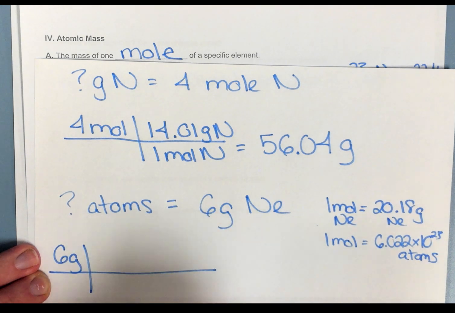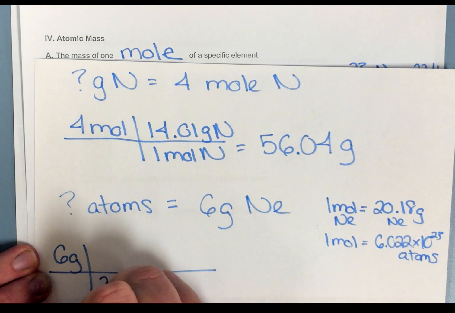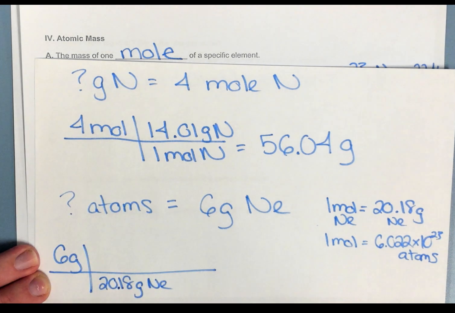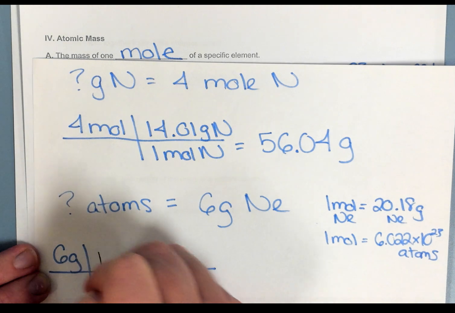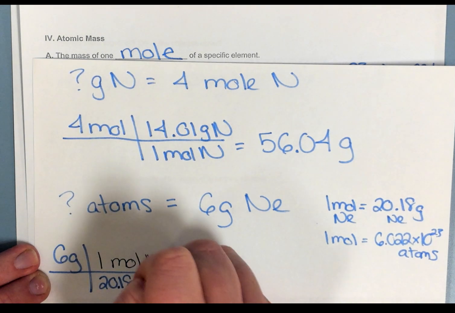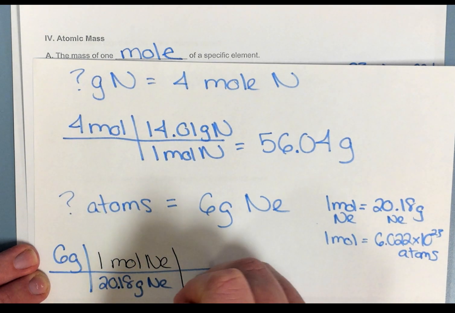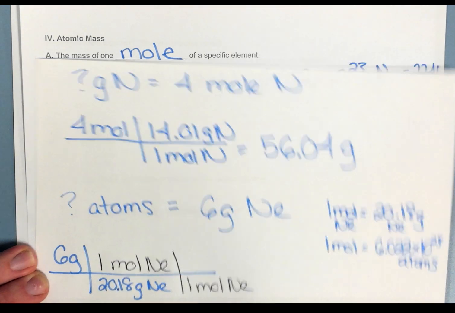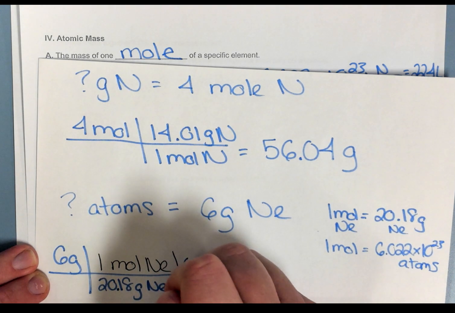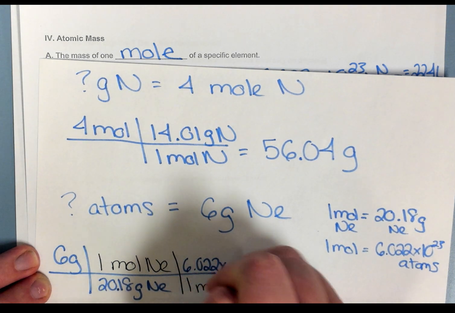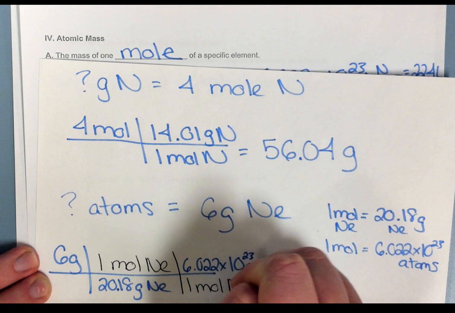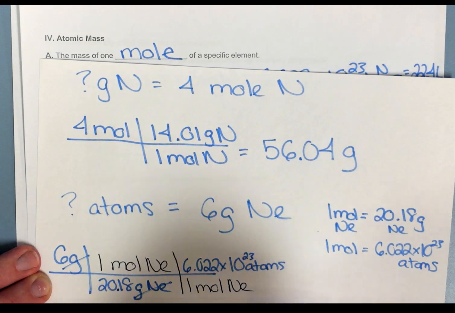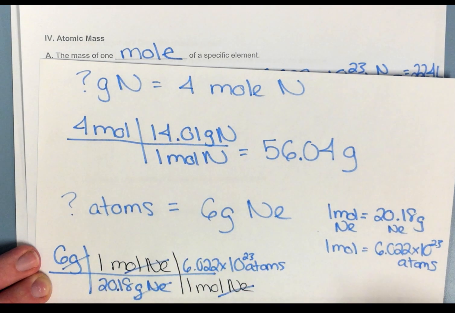Now, there's 20.18 grams in 1 mole of neon, and 1 mole of any element, but I'm just going to keep it Ne, is 6.022 times 10 to the 23rd atoms. So you can see your grams cancel, your moles cancel, and I'm left with my answer in atoms.